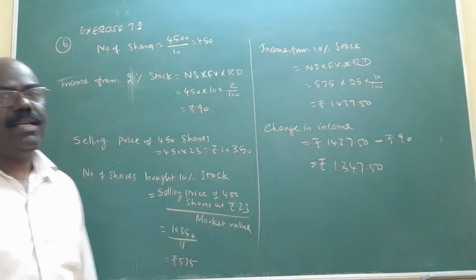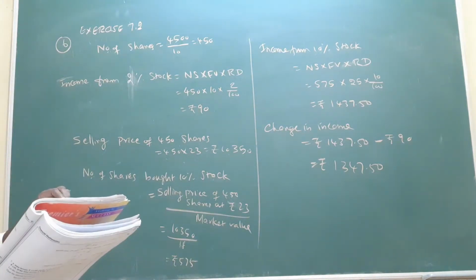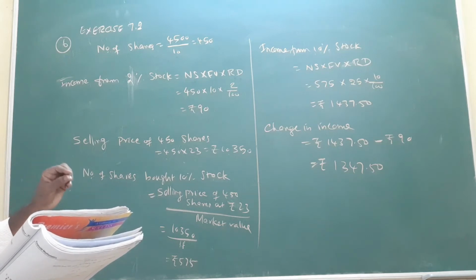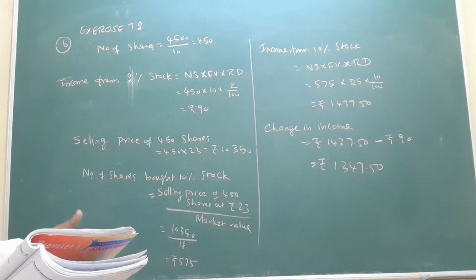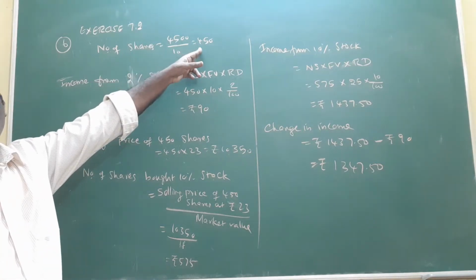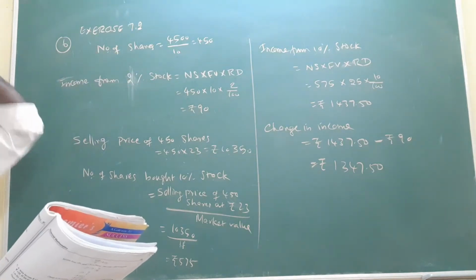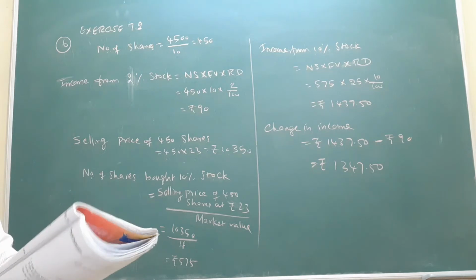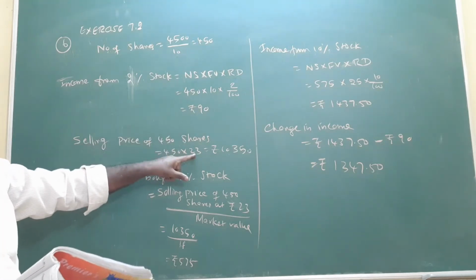That is the idea. Now, read the question clearly. That's very important. From the question, the first data: Sundar bought 4,500 of rupees 10 shares, so the number of shares is 450. By using the formula, we get the first answer. Next, he sold them when the price rose to rupees 23. The amount is increasing.